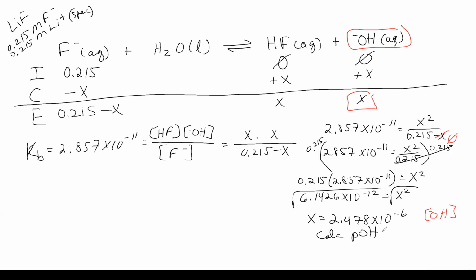So calculate pOH, negative log of the concentration of hydroxide. So pOH is equal to negative log of 2.478 times 10 to the negative 6, which equals 5.61. So there's our pOH.